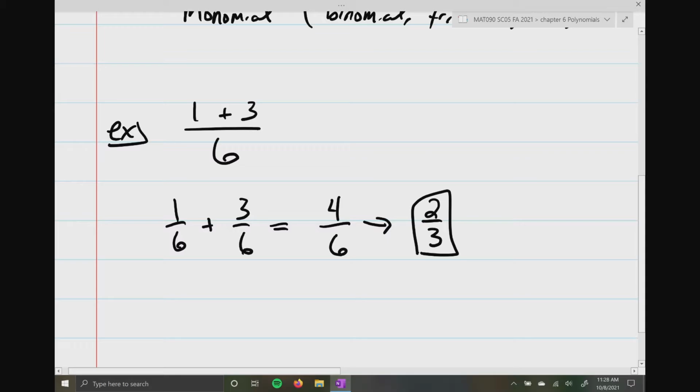Okay? Today, we're going to look at the problem above, which is 1 plus 3 in the numerator divided by 6. Well, since this is a monomial, what you're allowed to do is break up.